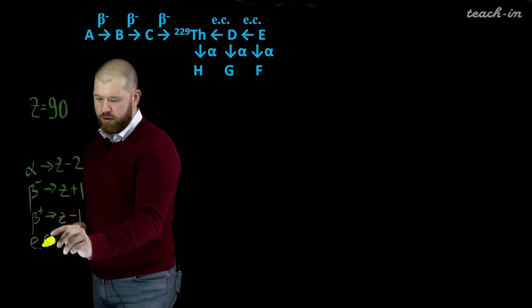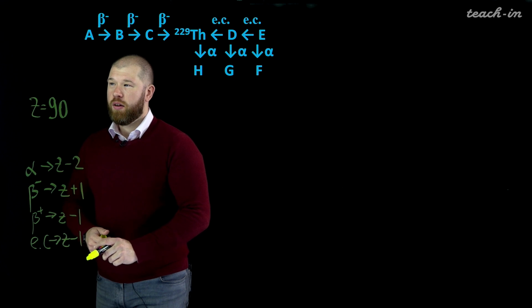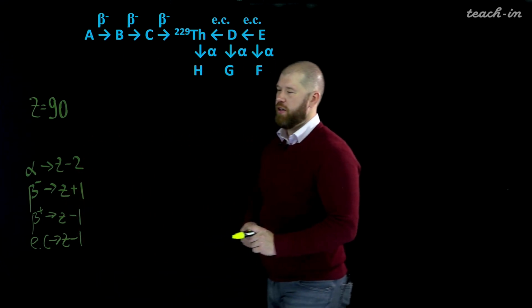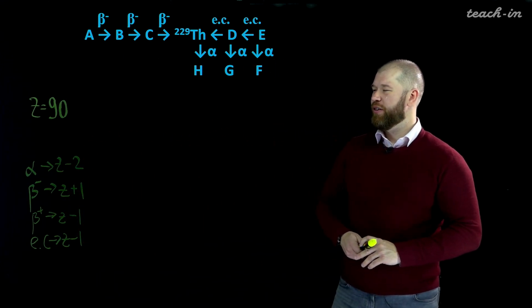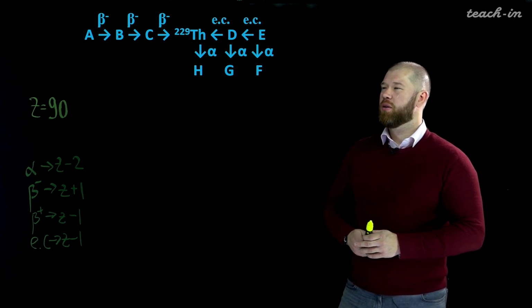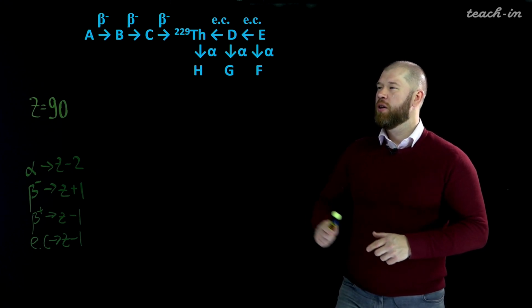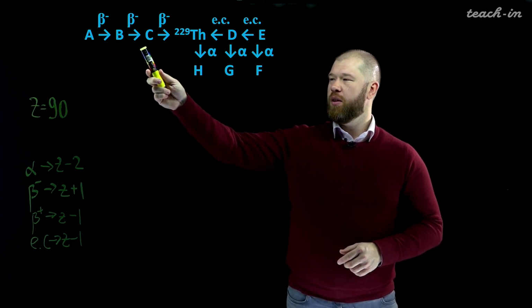And electron capture is the same, it is Z minus 1. So, a small reminder for us. And now let's start with the radionuclide C.